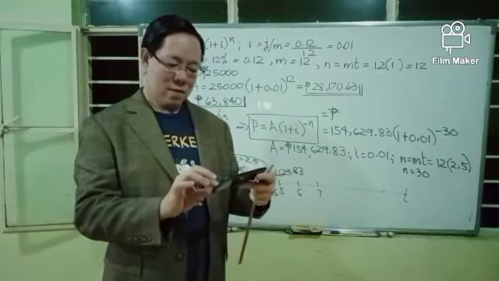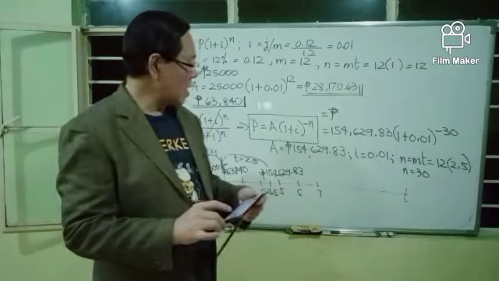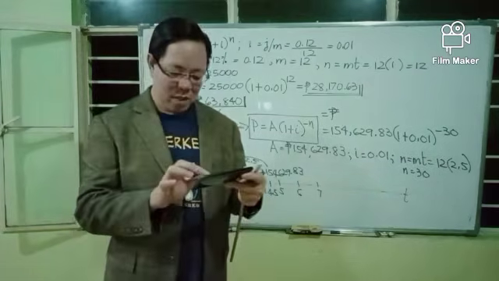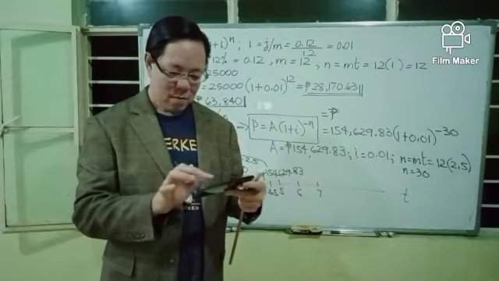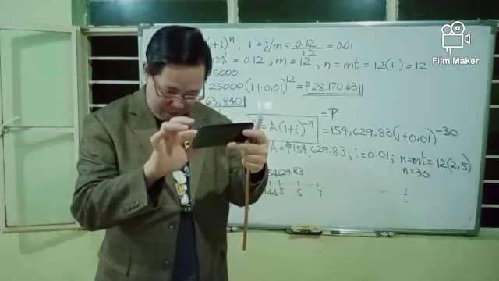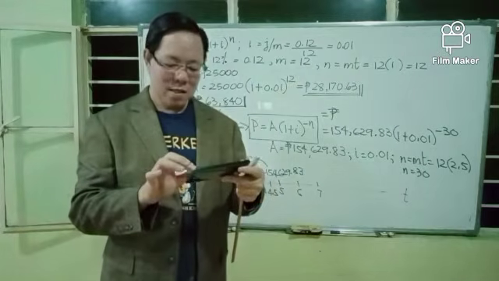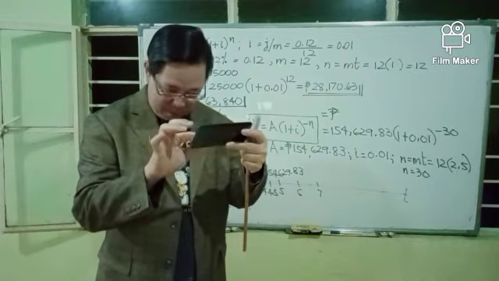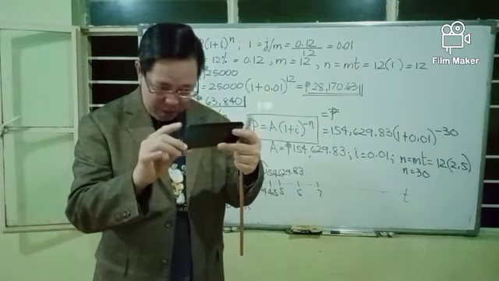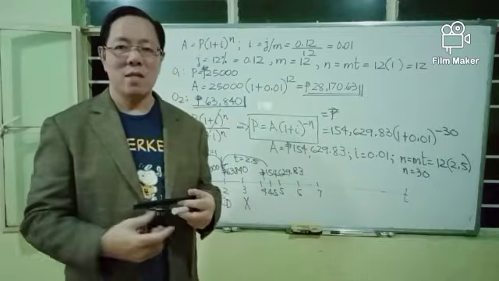Press equals, and the answer in your calculator multiply by 154,629.83. And you should get 114,723.